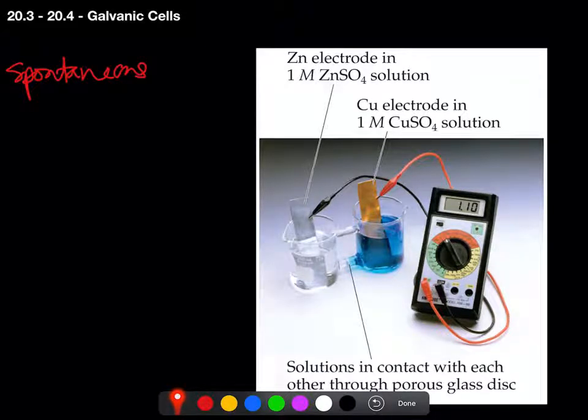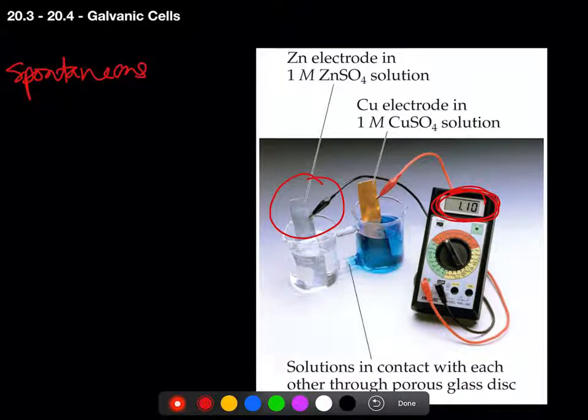Now, when we take it from a standard redox reaction and turn it into a galvanic cell, we're just going to separate our two parts. We're going to have a dedicated place where we generate electrons, and then we let those travel through a wire, because we need the metal to conduct the electrons, to something where we can either measure the voltage, or it can power a device like a small fan, a motor, or a light bulb.